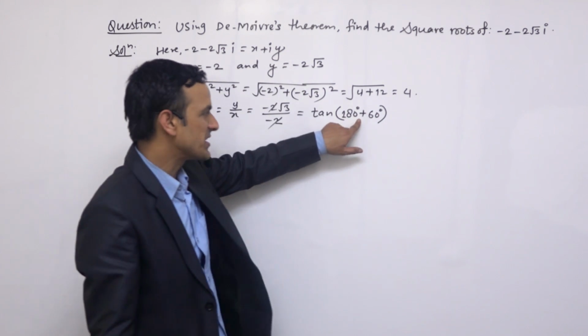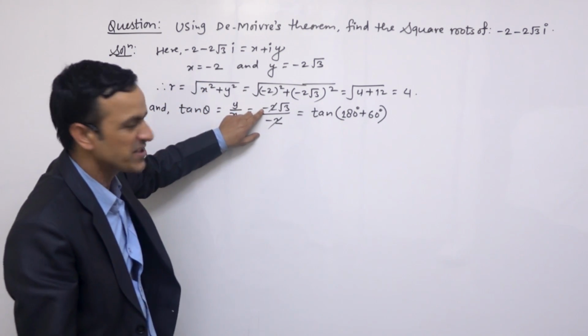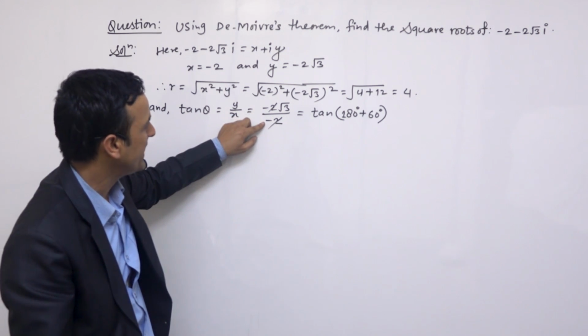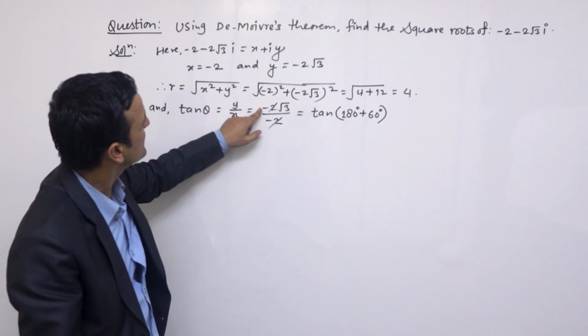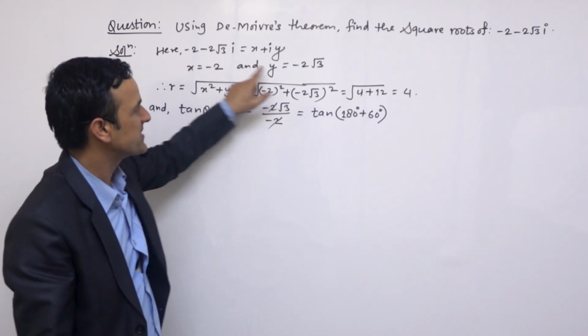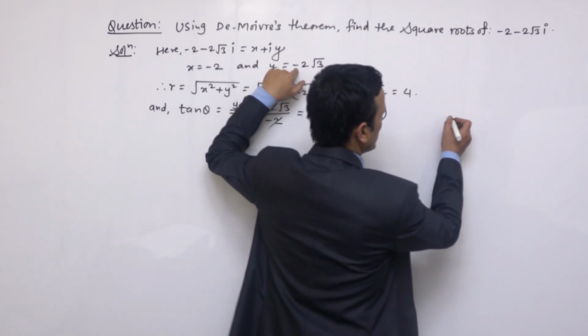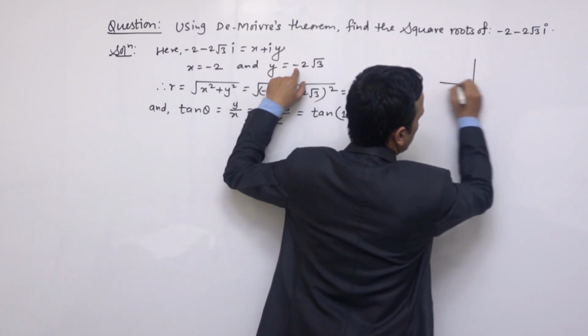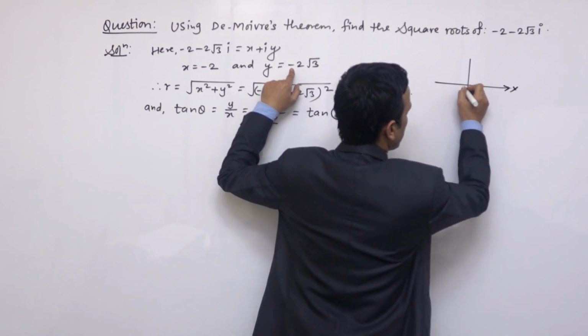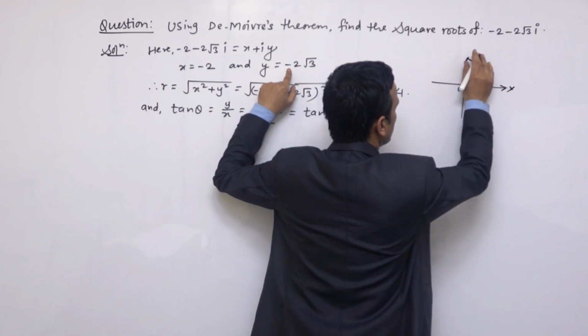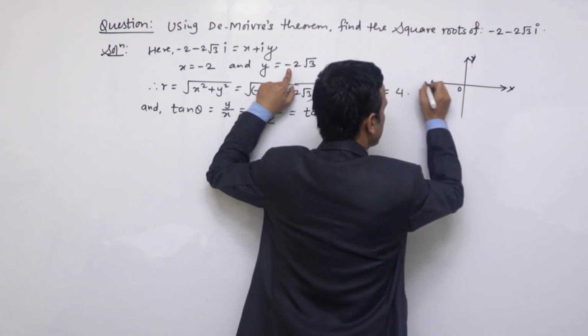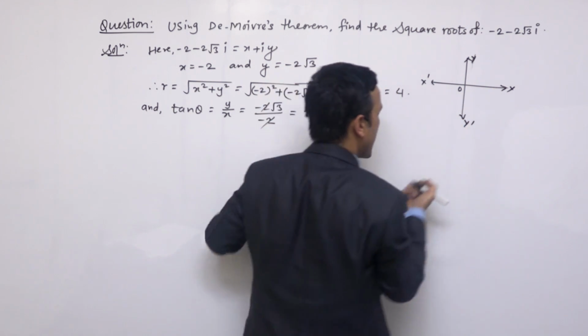Why did we write 180 plus theta like this? It depends upon the sign of x and y. As you see, the signs of x and y are both negative. Both x and y are negative, and we can define the negative sign as we just did earlier. Here is x', here is y'.